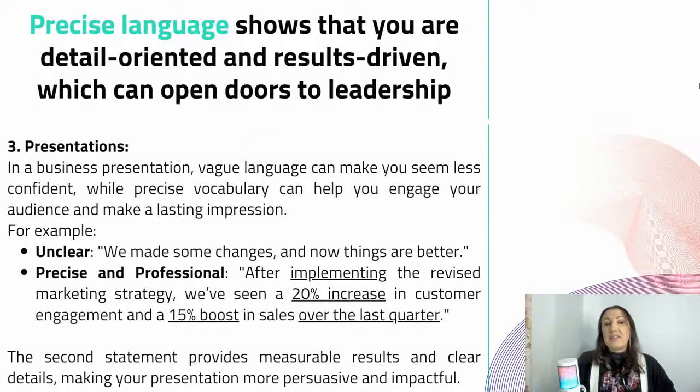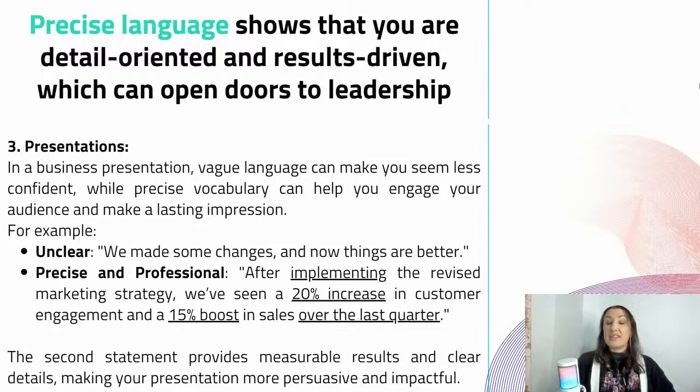Then for presentations, of course, this is our focus always. Presenting something orally, precise language shows that you are detail-oriented, that you know the time, the place, the things that are needed. You are also results-driven. You want to see things done. So that can open doors to leadership. It's very unclear to say, we made some changes. Now things are better.